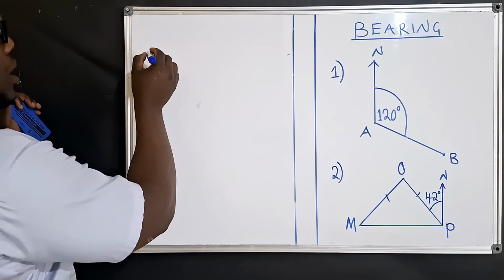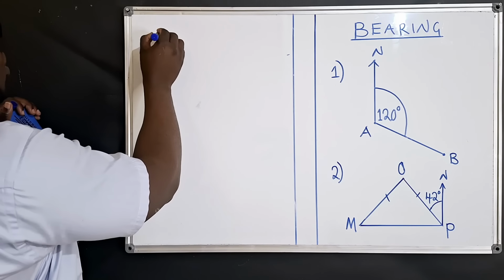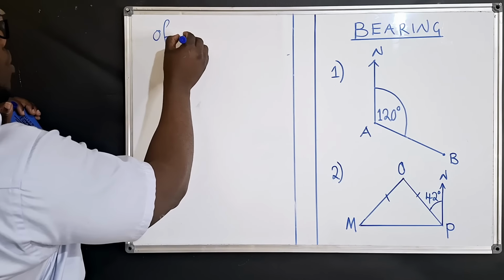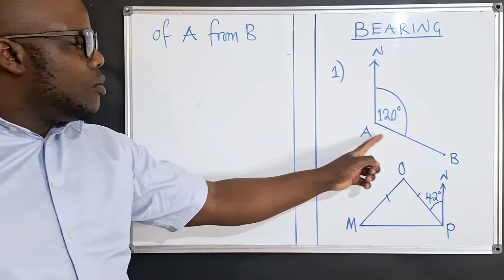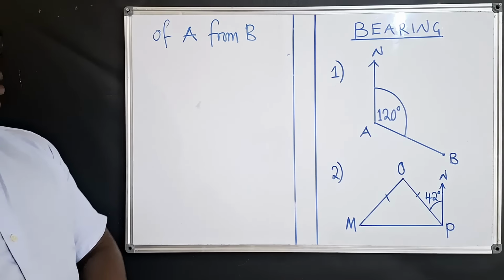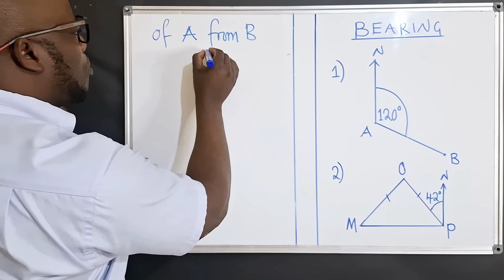So question 1, let's say they're saying calculate the bearing of A from B. Bearing of A from what? B. Step number 1, we are supposed to go to where they're saying from. From where?